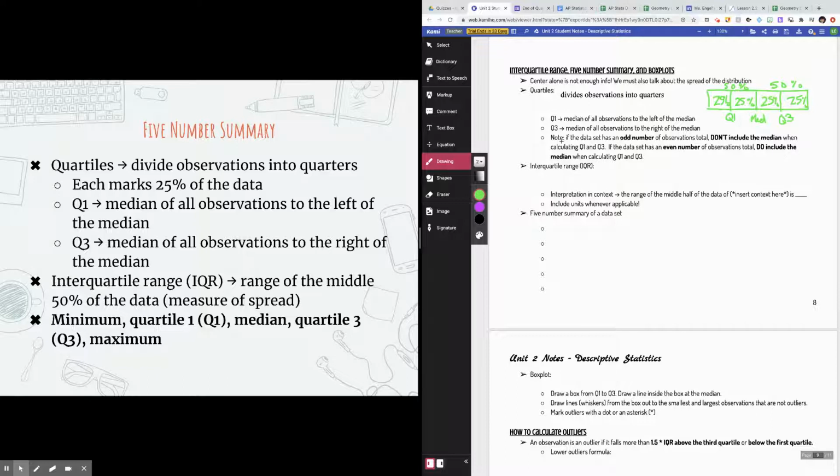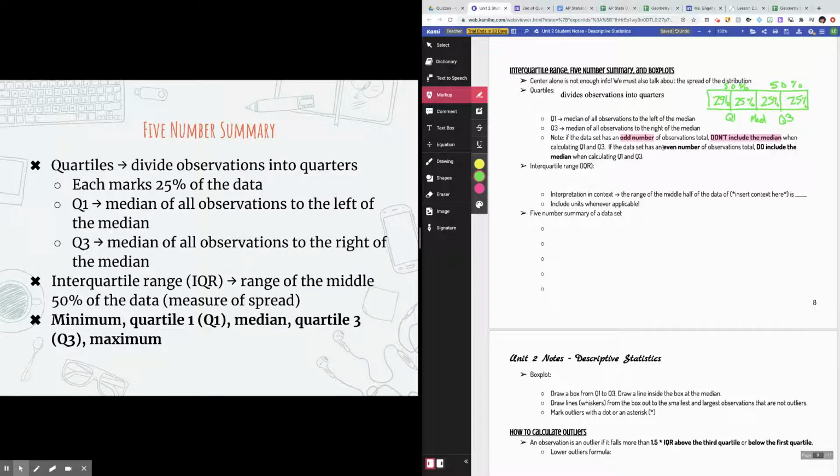So when we are dividing our data to figure out where the quartiles are, if you have an odd number of observations, you don't include the median when you're calculating the quartiles, because then the median would get counted twice, once when you're figuring out what the lower quartile is, and once when you're figuring out what the upper quartile is. So we just don't include the median in those cases.